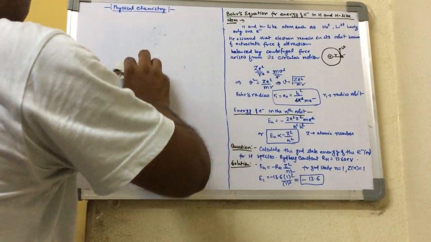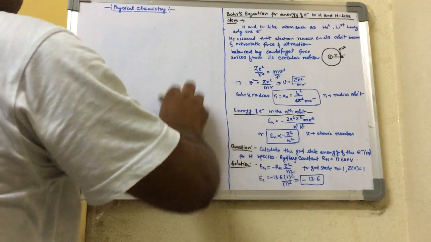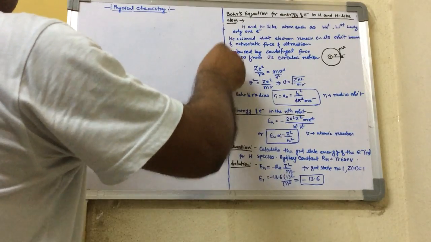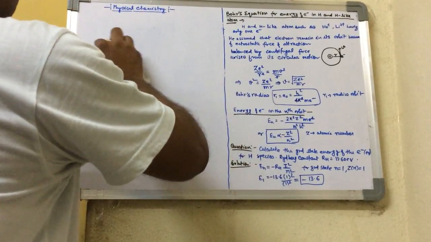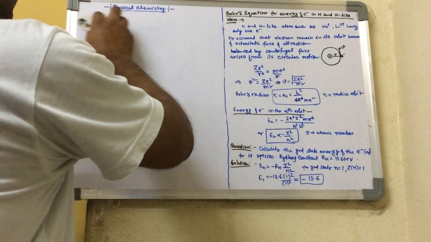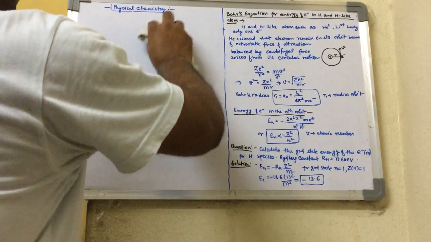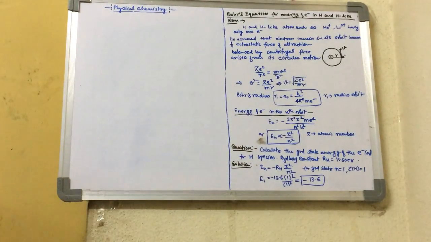So what is the Heisenberg uncertainty principle? These things are also very simple, but I am only reminding you here. So what are the uncertainty principles?